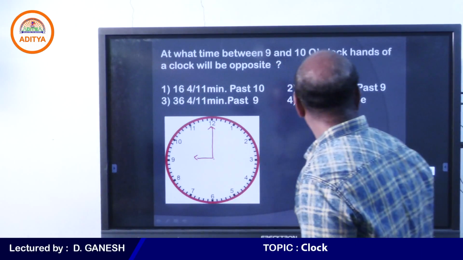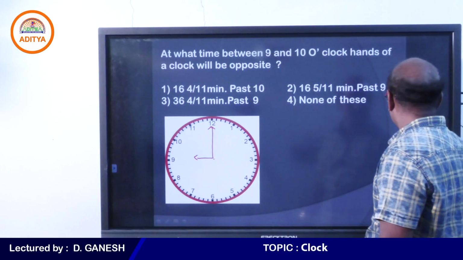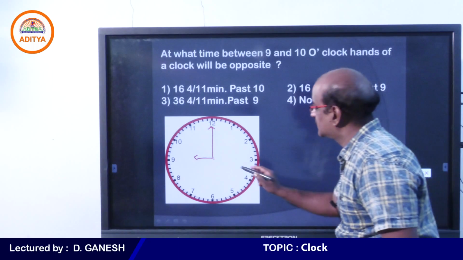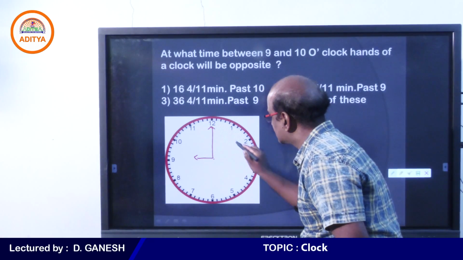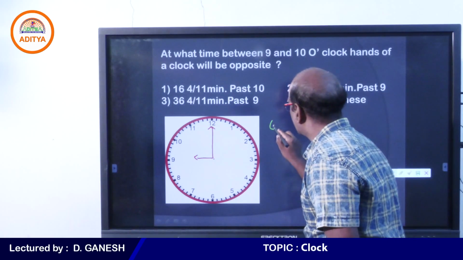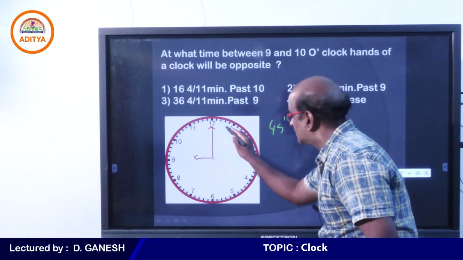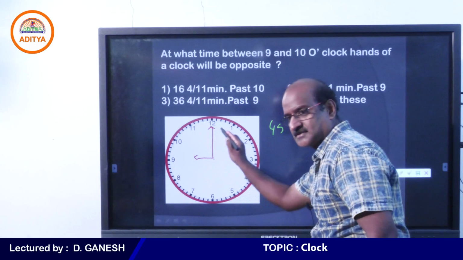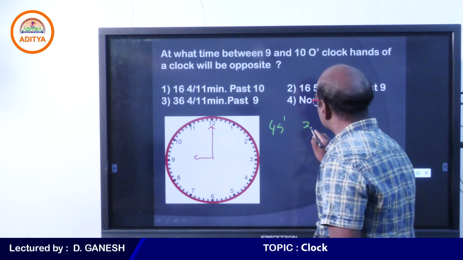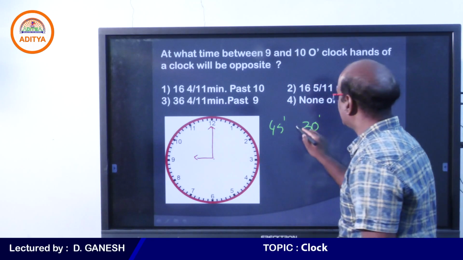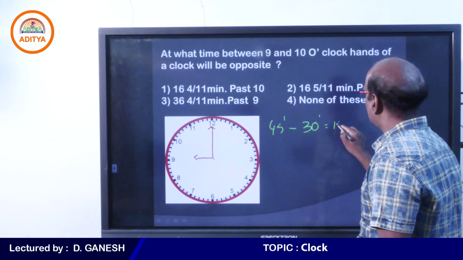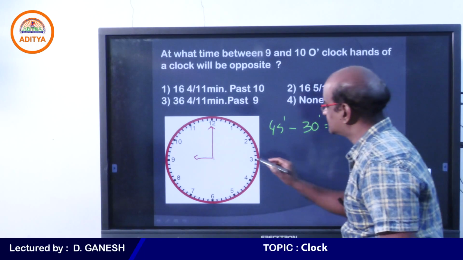So how do we answer this question? Students, at 9 o'clock we can see that the gap is 45 divisions, because the gap should be taken only in the clockwise direction. The gap is 45 divisions clockwise, but to be opposite we need a gap of 30 divisions, which means the minute hand has to move 15 divisions.